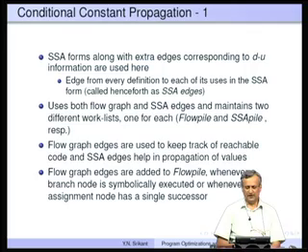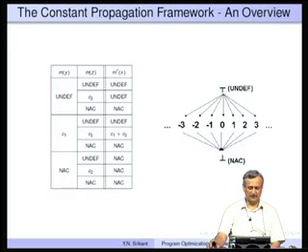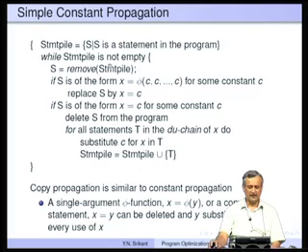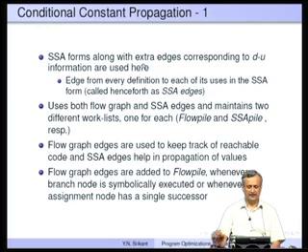So, I must point out a difference here. In the simple constant propagation, if you recall, we went by basic blocks, or the statements in the program, whereas in the case of conditional constant propagation with SSA form, we are using edges. Okay. So, unless we traverse an edge, actually the node which is the target of that particular edge is not reachable.